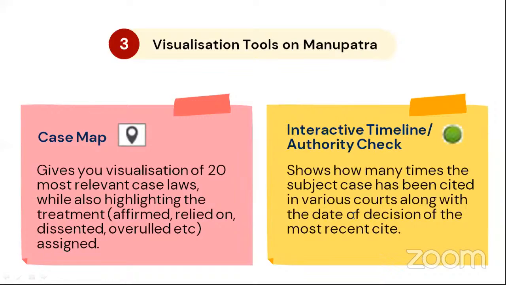Now moving on from the case map, we have this interactive timeline authority check feature. Again, this shows you how many times the subject case has been cited in various courts. With the date of decision, you can see the trend year-wise. If there were a lot of cases on arbitration, suppose in 1940 when the act came, not really. In 1996, the second act came. What changes did it bring?